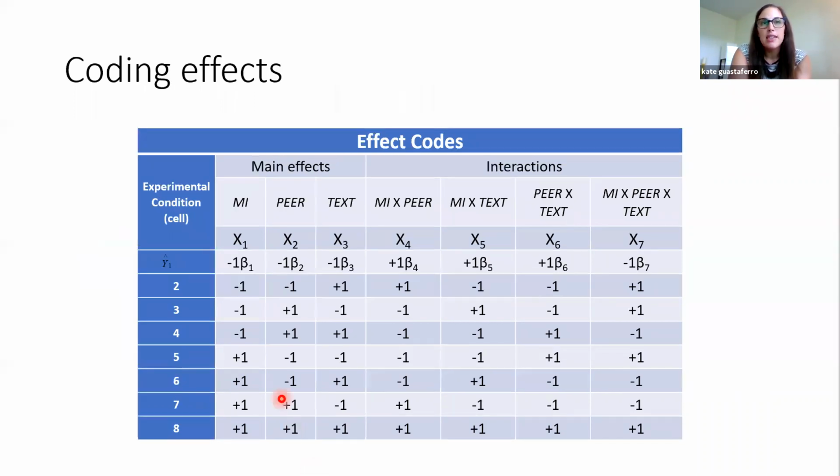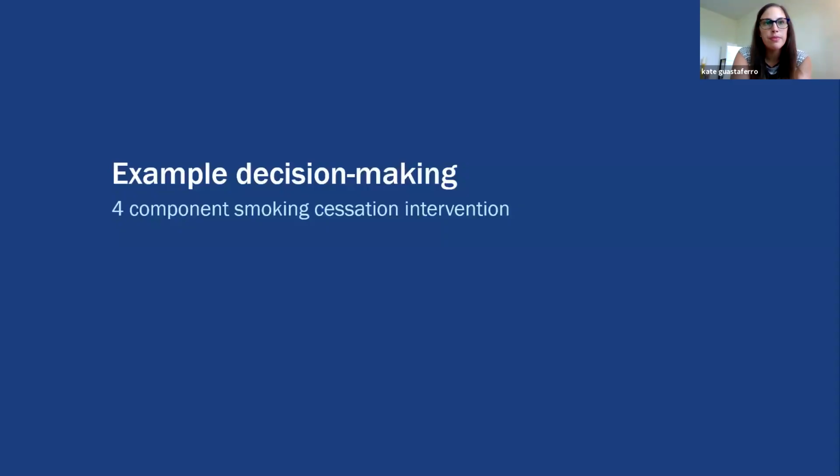The x's come from each one of the factors, so the interactions and the main effects, and each one of the experimental conditions has its own regression equation, and the beta estimates come from that cell.